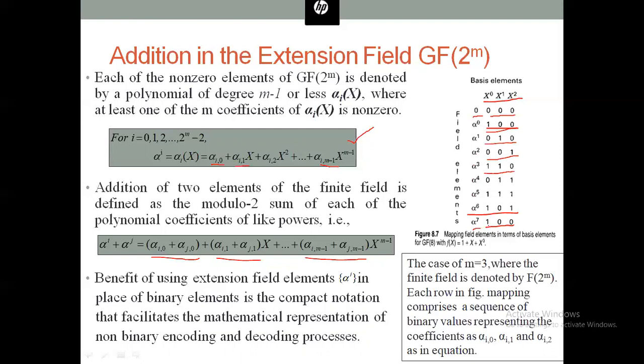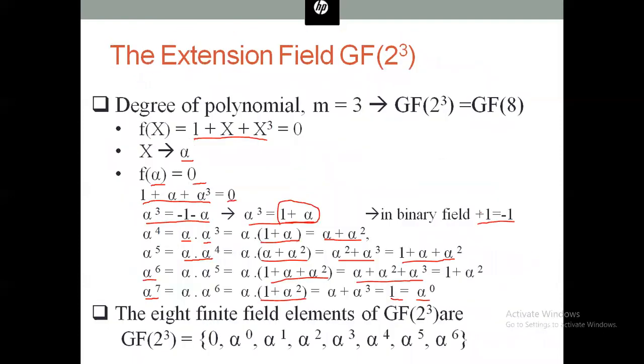Because we have the linear feedback shift register, which repeats the symbols after alpha 7. Alpha 7 is alpha naught, and similarly the higher values will be mapped onto these Galois field symbols. So we have the members 0, 1, alpha 1, alpha 2, and it goes up to alpha 6 in this Galois field.